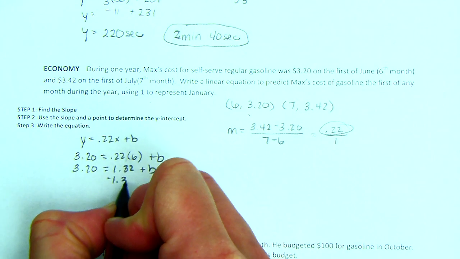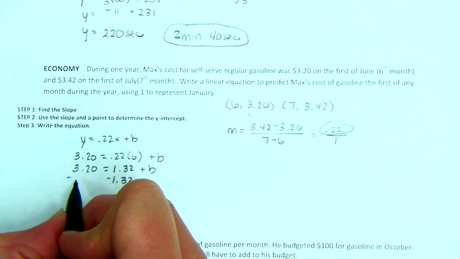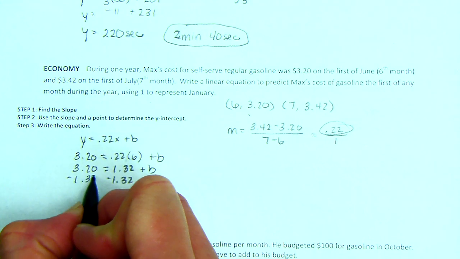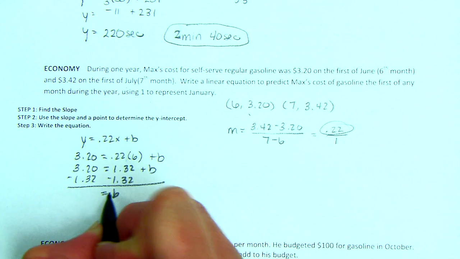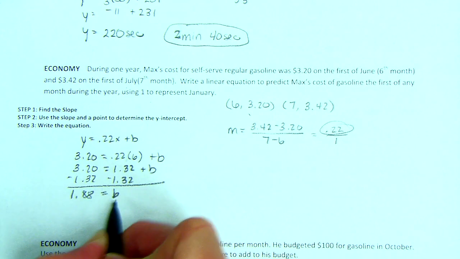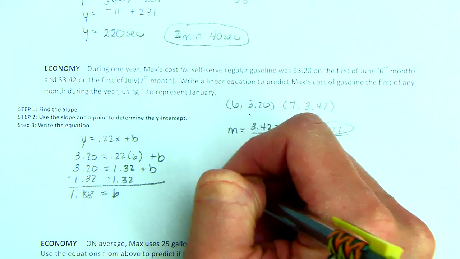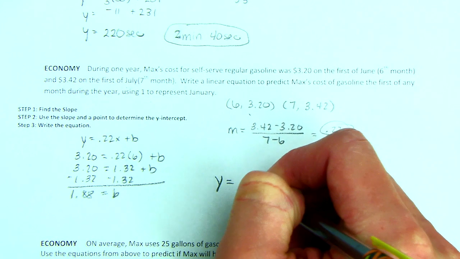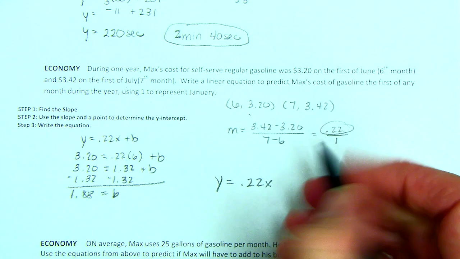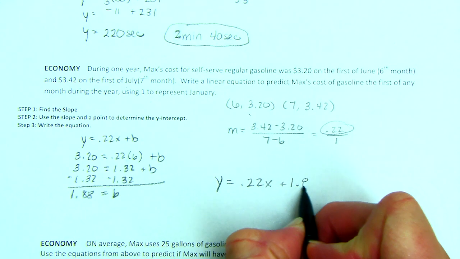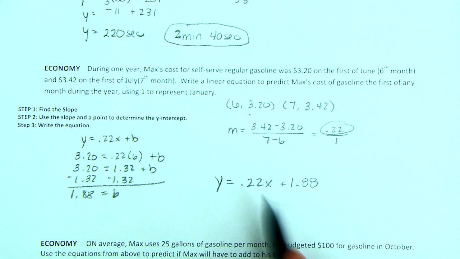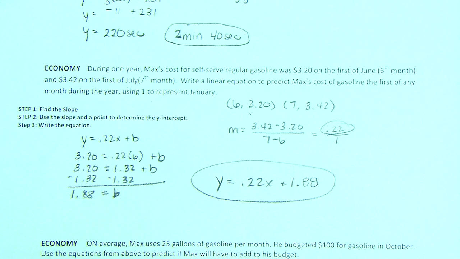When we subtract the 132 to solve for our y-intercept, it's going to be $1.88. That's our b. So our slope-intercept form, y equals 0.22x, that was our slope, plus 1.88 for b. There's our equation. Okay, let's move on.